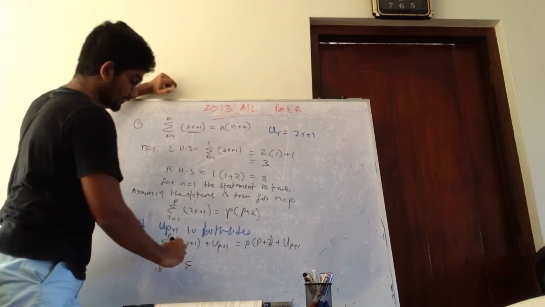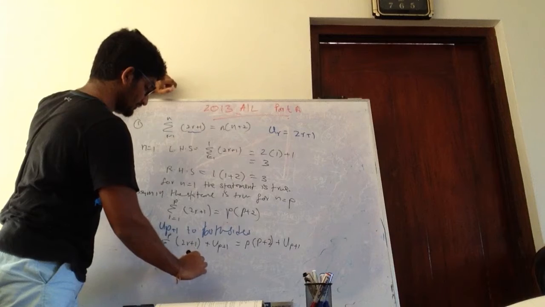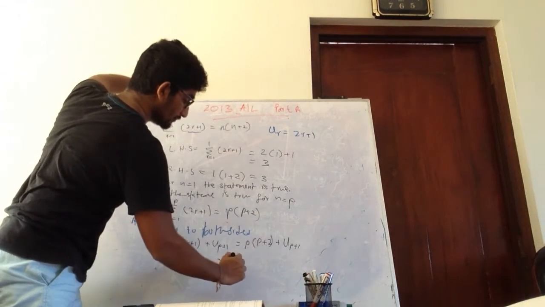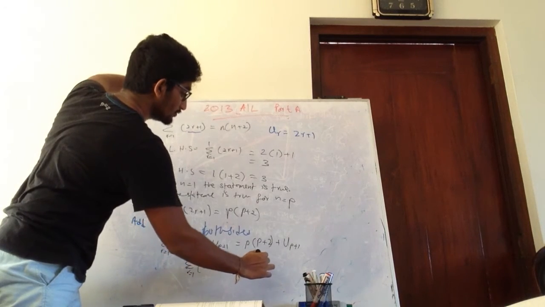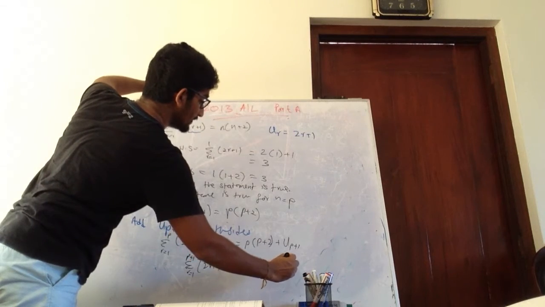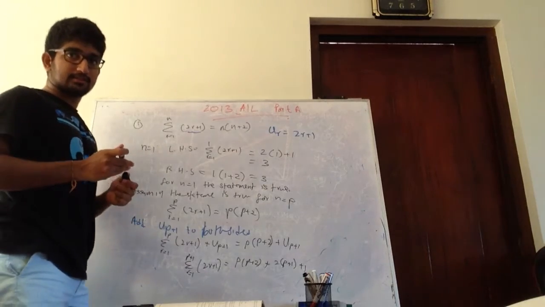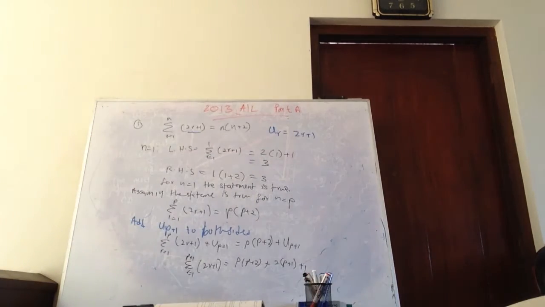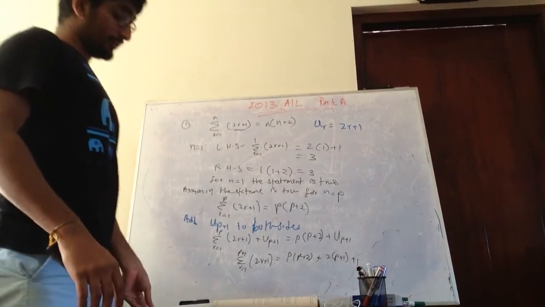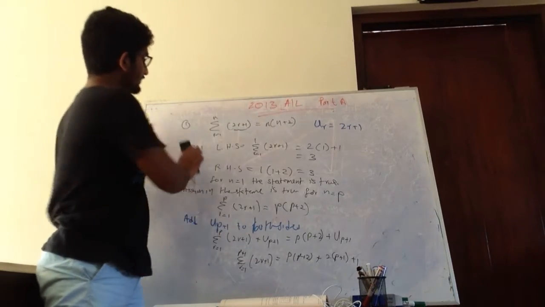So the sum will be from r equals 1 to p plus 1. And this will be p times p plus 2. What is u_(p+1)? That means 2 times p plus 1, plus 1. Right? So write this thing down. Right. So now we came up to here.